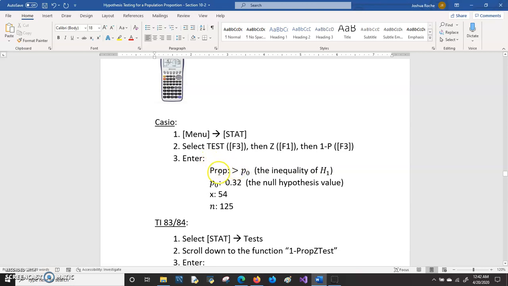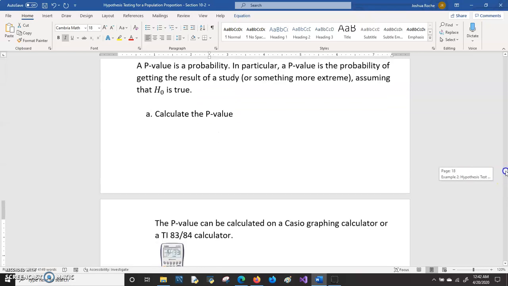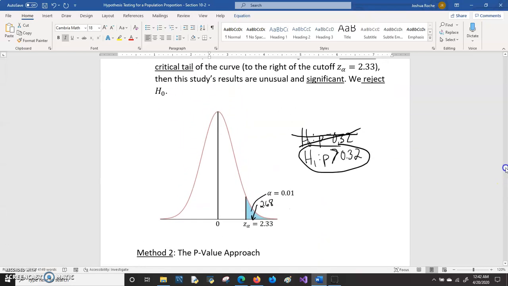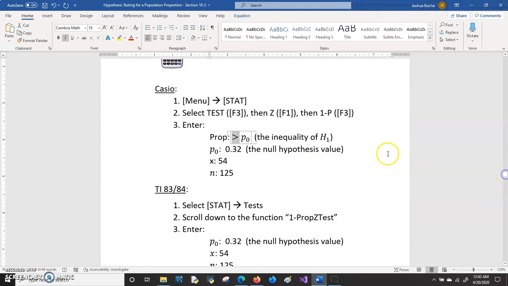This time, on the Casio where it says prop, you'll put greater than, because the alternative hypothesis has a greater than symbol. 0.32 is the value of the null hypothesis proportion, and then 54 and 125 are the x and the n.